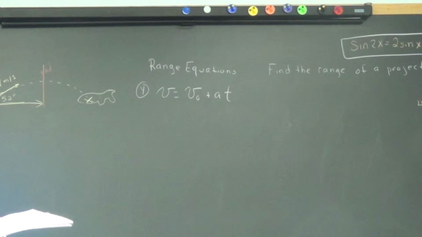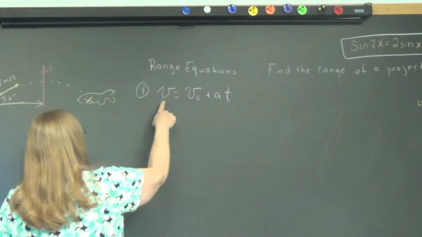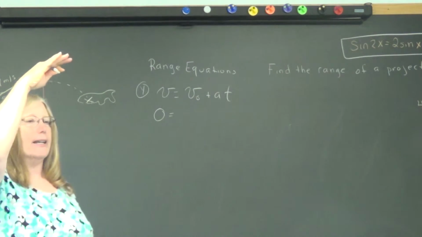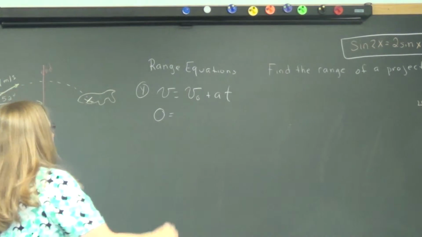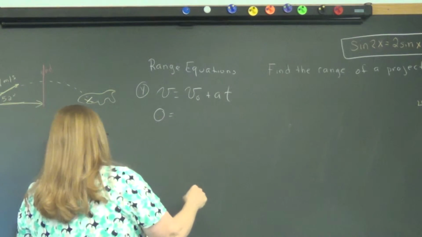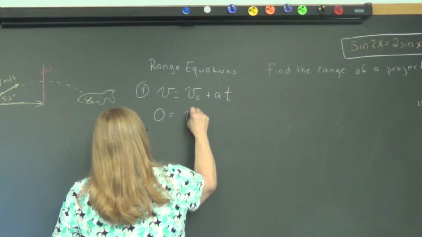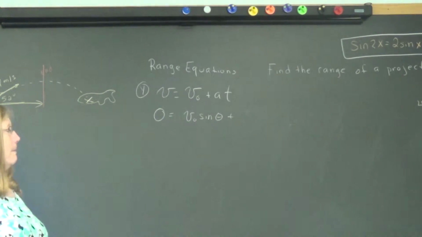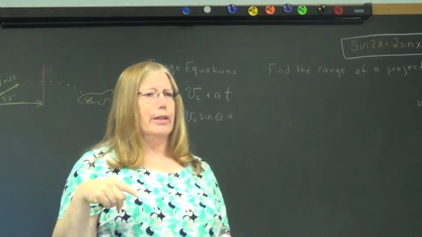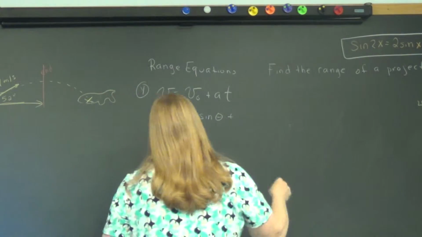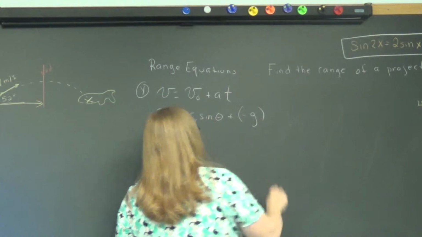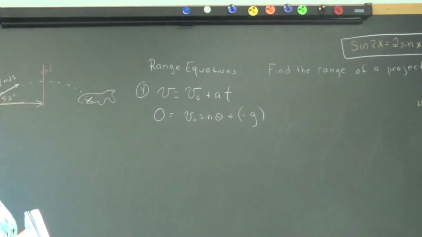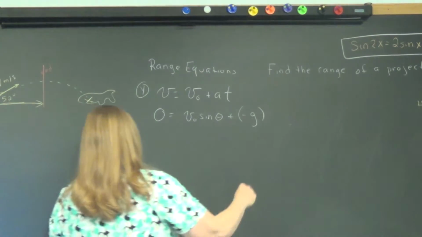I know that the velocity in the y direction final was 0, because that was when we were at the peak, the maximum height. What was the velocity initial? Well, it was whatever the velocity initial was times the sine of the angle. And for acceleration, it's either negative 9.8 or negative 32, so I'm just going to call it negative g. That is the standard abbreviation for the acceleration constant due to gravity. And then time is time.